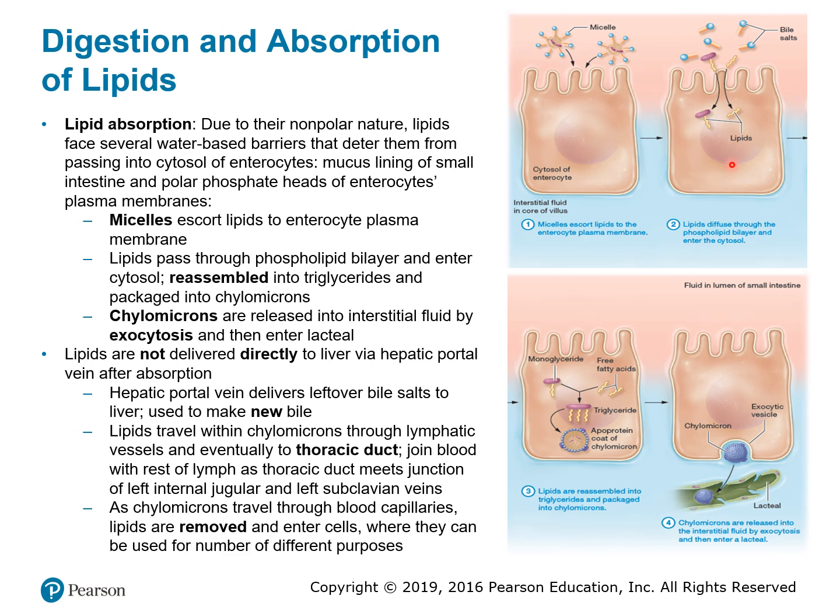Inside the enterocyte, the lipid is going to be surrounded by this chylomicron structure, or chylomicrons. And if you notice, now it is surrounded, then it is going to be leaving the enterocyte into the thoracic duct, which is then going to join the blood in the rest of the lymph and thoracic ducts.